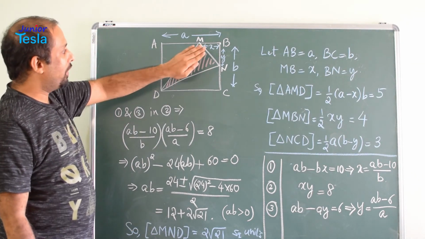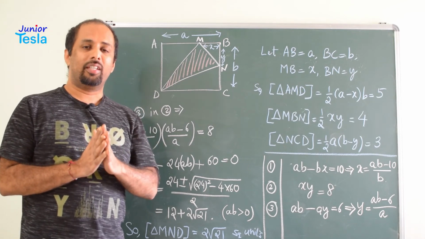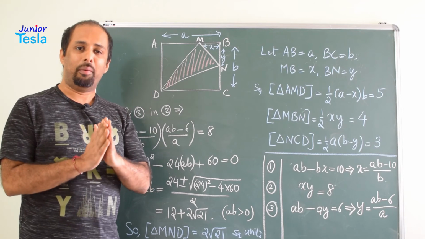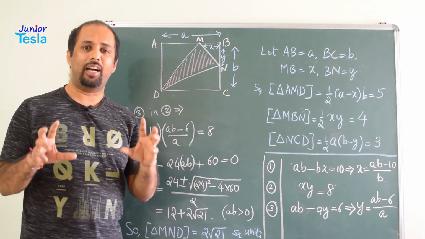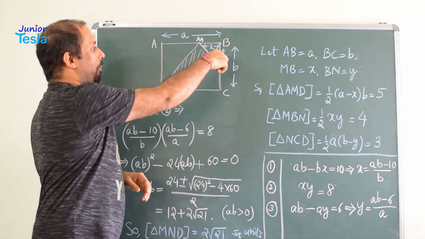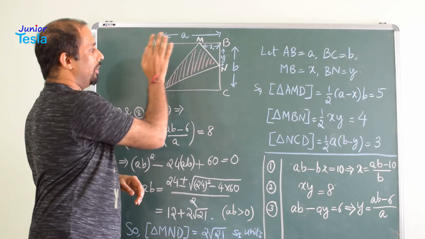But we are supposed to find the area of triangle MND. The area of triangle MND you will find only by subtracting the other three areas from the total area. So total area minus the area of this, this and this, you will get the area of this triangle.